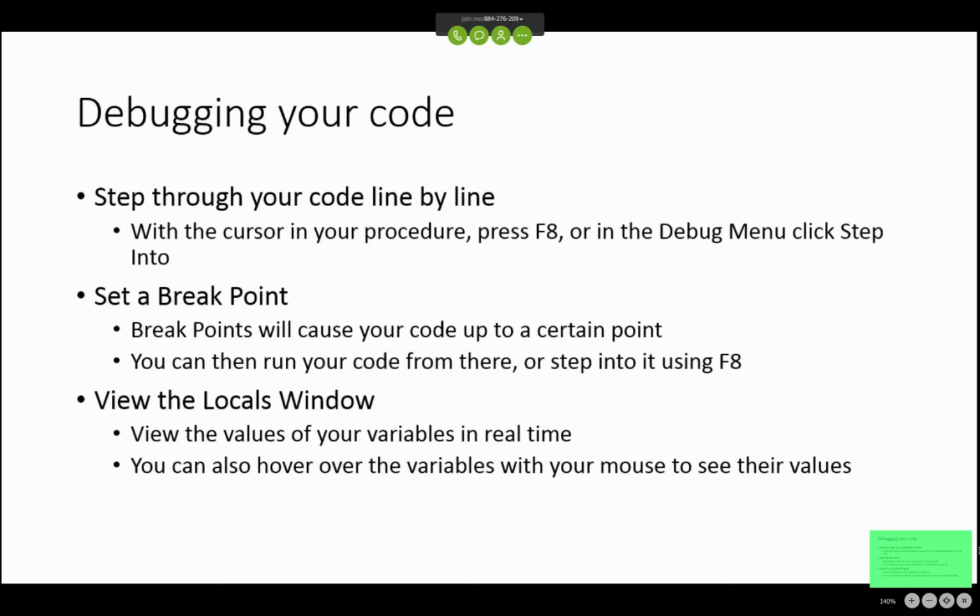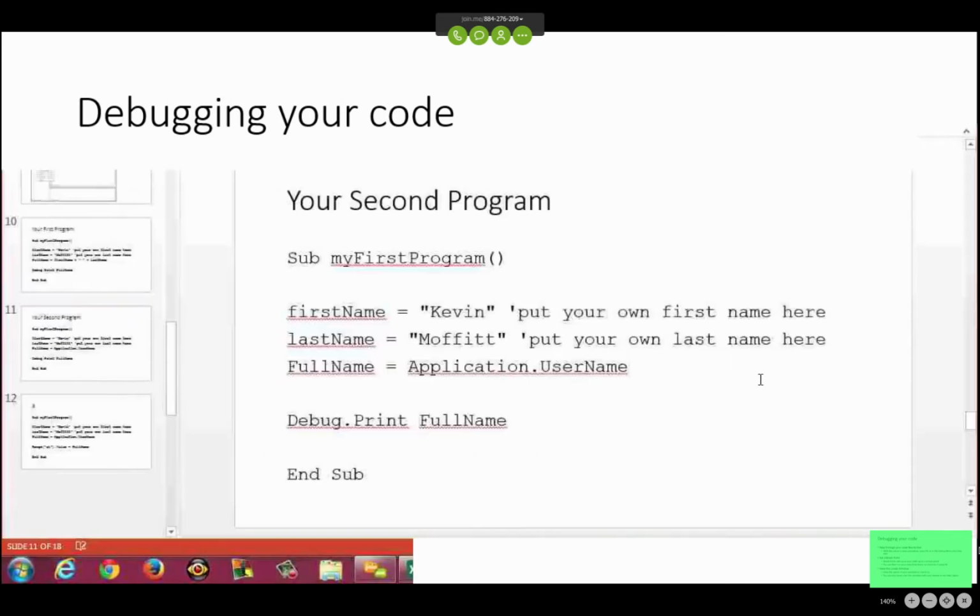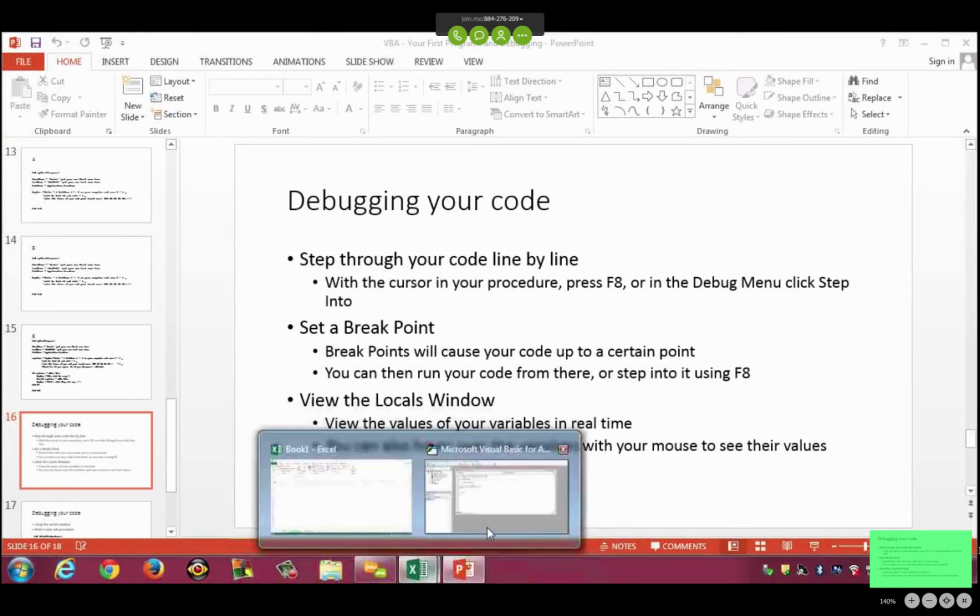Okay. Now another thing you can do is you can cause your code to run up to a certain point by setting a breakpoint. So let's say you don't want to step through 1,000 lines of code. You just want it to stop in one spot. Set a breakpoint. It's really easy.